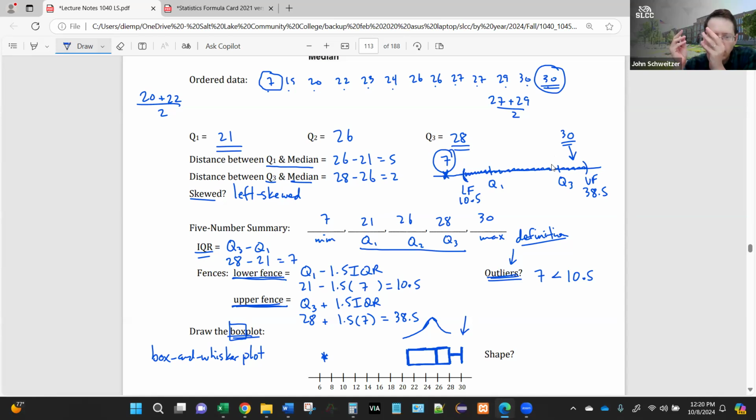We want to point that out. We want to isolate it so we can think about it and maybe do some follow-up on it. And so the whisker will not go to any outlier. It will go to the smallest value in this case that's not an outlier, and that's 15. Okay, 15 is the smallest value that's not an outlier.